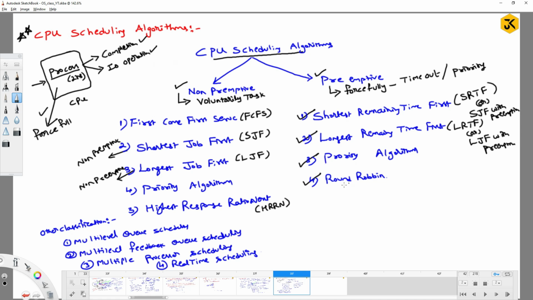Out of all these algorithms, the best algorithm is round robin. How I am making all these classifications, and how round robin is the best one, you will be able to clearly understand once you go through the videos of each and every algorithm, and see why I have classified them like this and why these are the best.